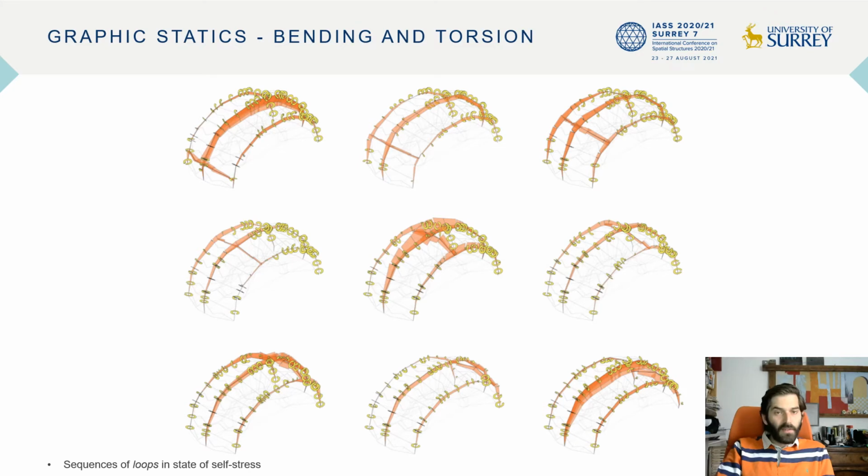Following advancements in graphic statics for the design of frames, geometric methods for constructing bending moment and torsion diagrams on designated load paths were implemented here. This approach, based on a loop element that can be orchestrated for composing both the form and force and moments diagrams, is applied here, and a series of such loops are constructed to visualize bending and torsion.